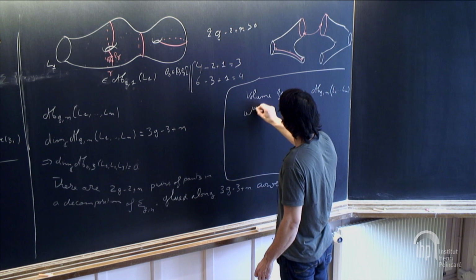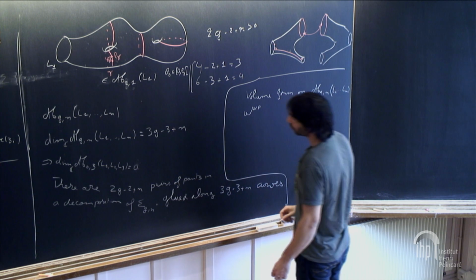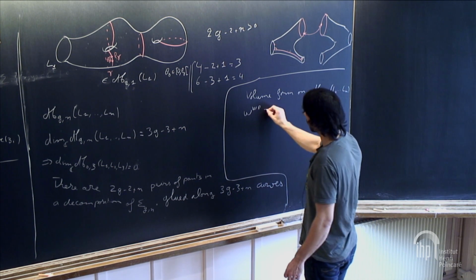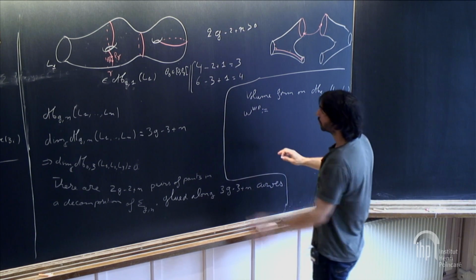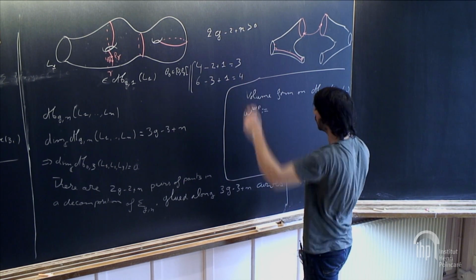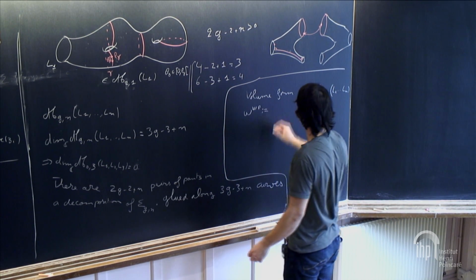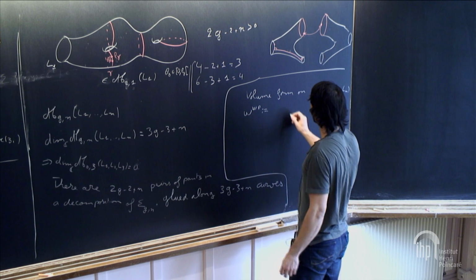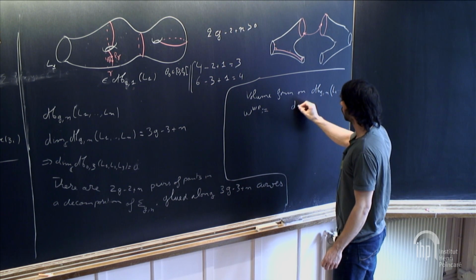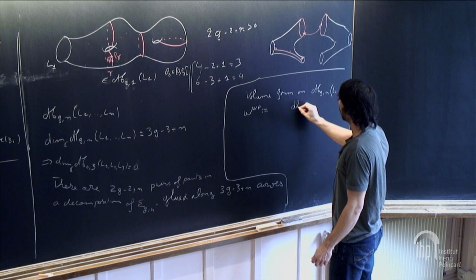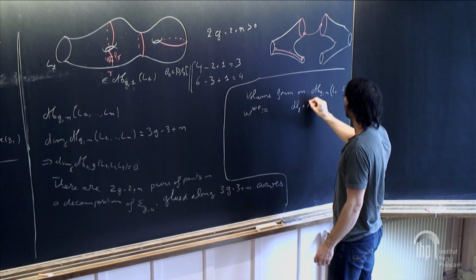I define the Weil-Petersson volume form as being equal to just the natural volume forms that you can imagine in these coordinates. For each curve gamma, you take the one-form dL gamma wedge d theta gamma.